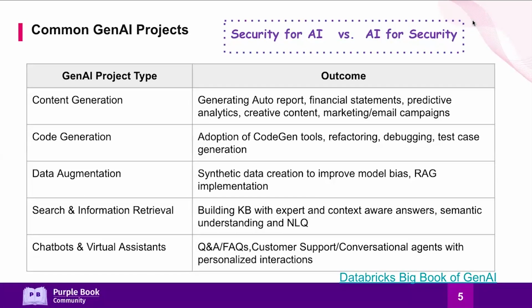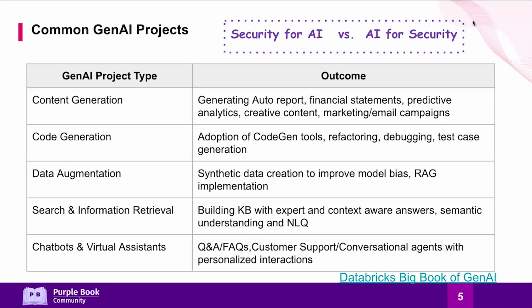And we also see here the chatbots and the virtual assistants. We're way beyond the 2010 to 2012 chatbots answering just simple questions. We're talking about personalized customer engagement, conversational agents and assistants that are capable of contextual and personalized interaction.